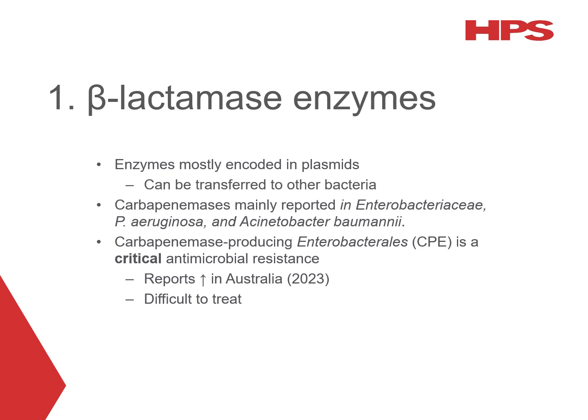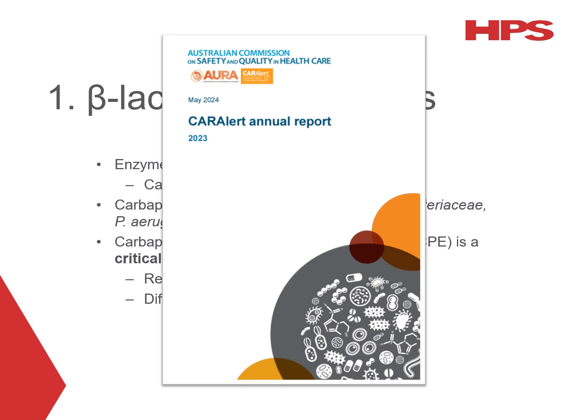And carbapenemases have been mainly reported in Enterobacteriaceae, Pseudomonas aeruginosa and Acinetobacter baumannii. And carbapenemase producing Enterobacterales, or CPE, is a critical antimicrobial resistance that is monitored by the National Alert System for Critical Antimicrobial Resistances, or CARAlert for short.